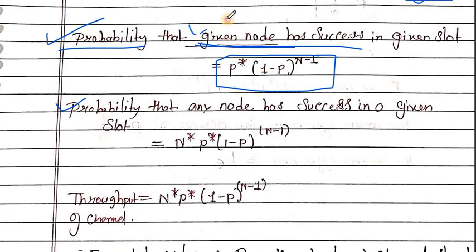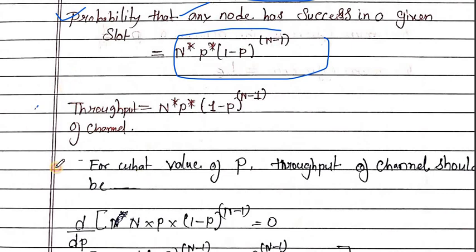Here in case of a single node, at a specific node, किसी specific node के फ्रेम को टाइम स्लॉट पे सक्सेस होने की प्रोबेबिलिटी, this formula. Here the success probability of any node, किसी भी नोड की, in a given slot. So n P (1-P)^(n-1), this is the formula.